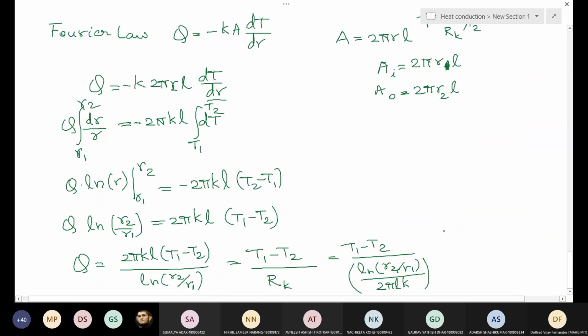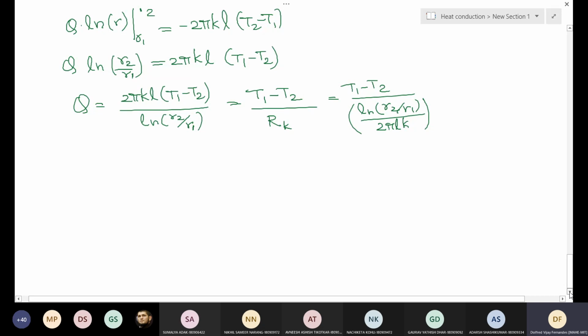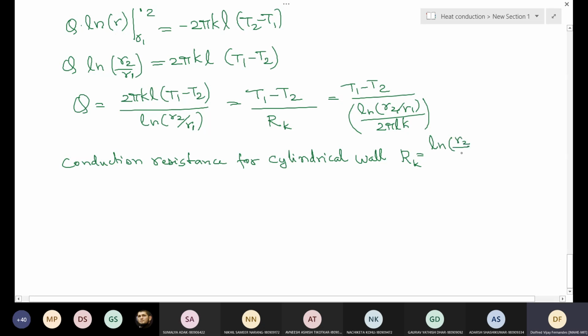The conduction resistance for a cylindrical wall: RK equal to ln (R2 divided by R1) divided by 2 pi LK.